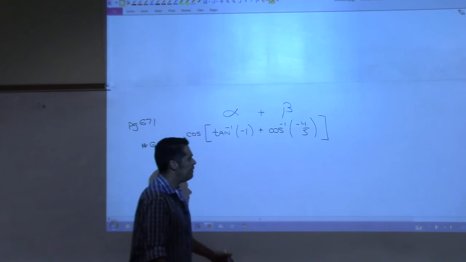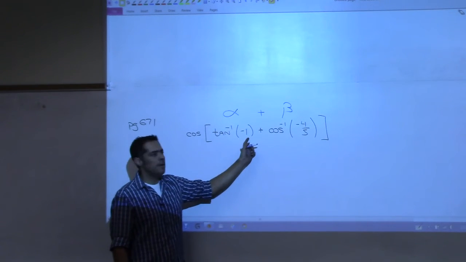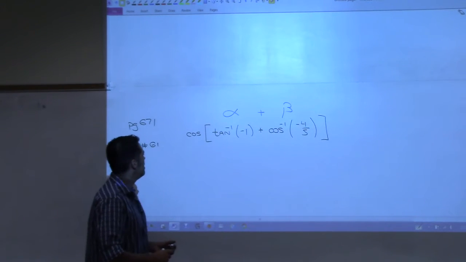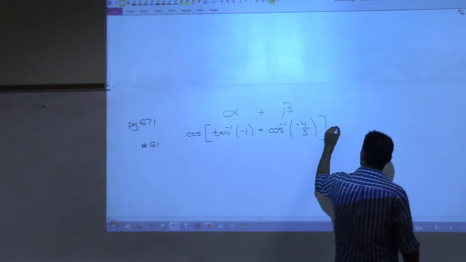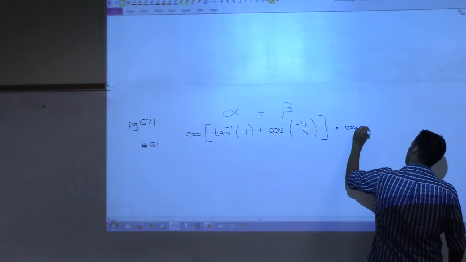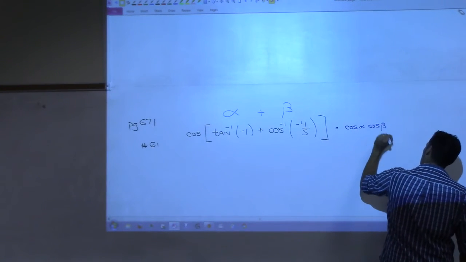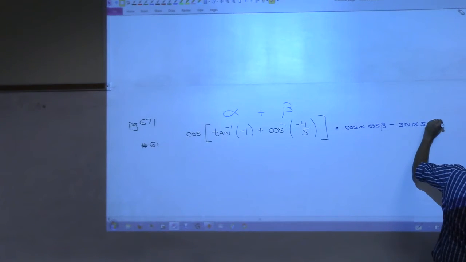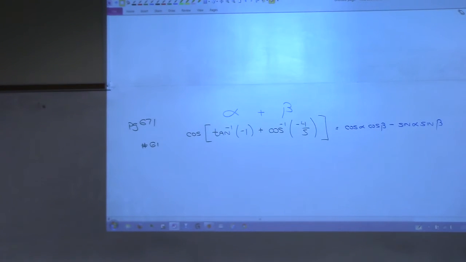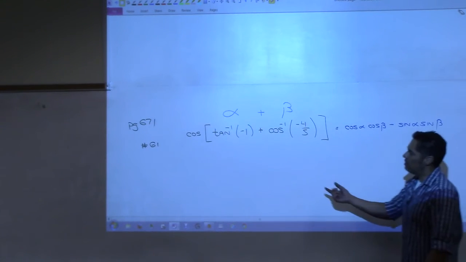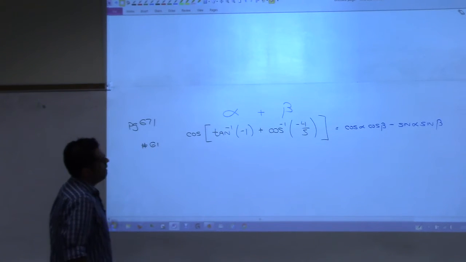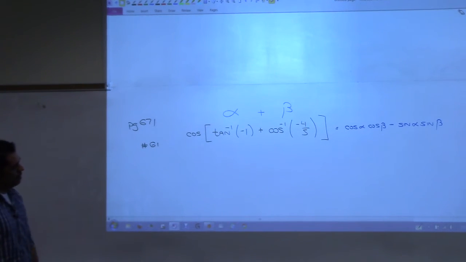Alpha is this entire expression, beta is this entire expression. We have a formula for cosine of alpha plus beta: cosine alpha, cosine beta, minus sine alpha, sine beta. That's what the formula breaks down to if I replace arctangent of negative 1 with alpha and arc cosine of negative 4/5 with beta.